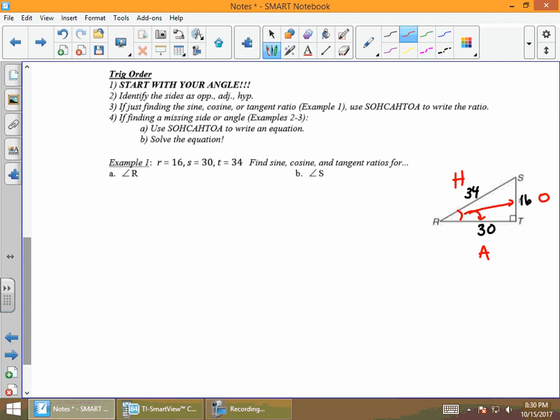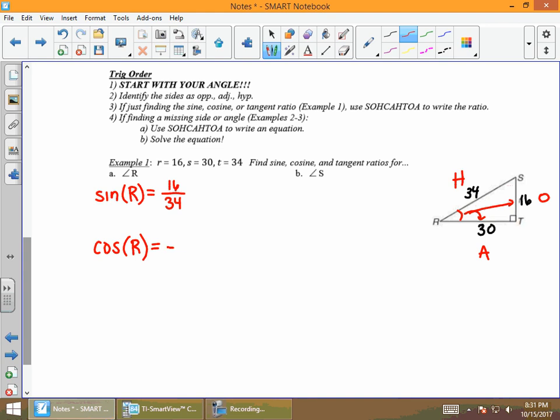So when I want to find the sine of R, sine is SOH, TOA. So O over H. So 16 over 34. And I could reduce that fraction if I want to, or I could turn it into a decimal if I wanted to. Right, I'm just going to leave it as 16 over 34. The cosine of R, so CAH, that's CAH.